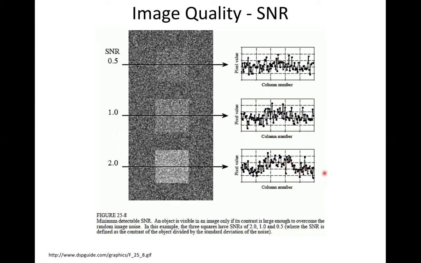So this is an example where the noise value is constant and the signal is changing. The only thing that's really happening is my contrast between the background and the signal is increasing. So I go from here to here. The random noise value stays the same.